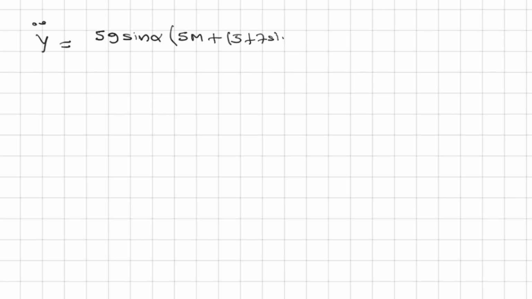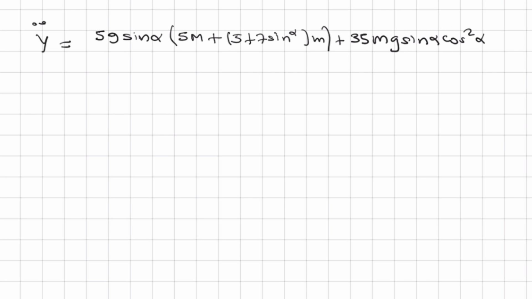Sine square of alpha plus 35 mg sine of alpha cosine square of alpha.